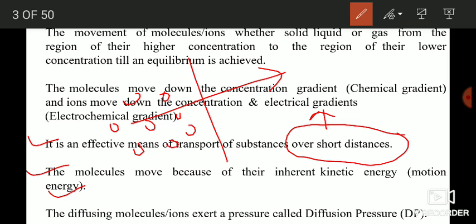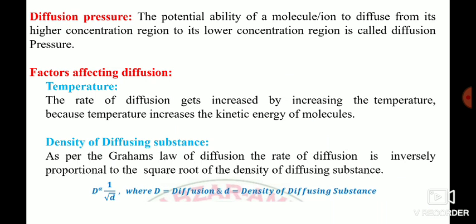The diffusing molecules or ions exert a pressure during diffusion, which is known as diffusion pressure. Now you know that the molecules or ions possess kinetic energy, and it is because of this kinetic energy they are able to move from one side to another. Because of this inherent kinetic energy, they exert a pressure which is known as diffusion pressure. Now what is diffusion pressure? We will discuss it.